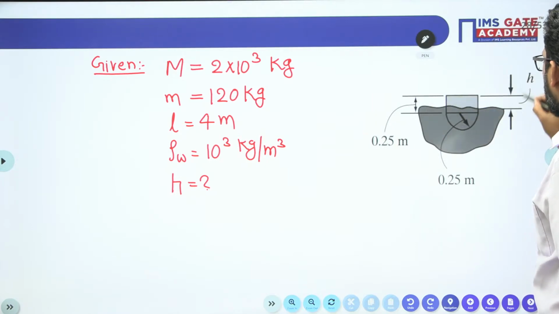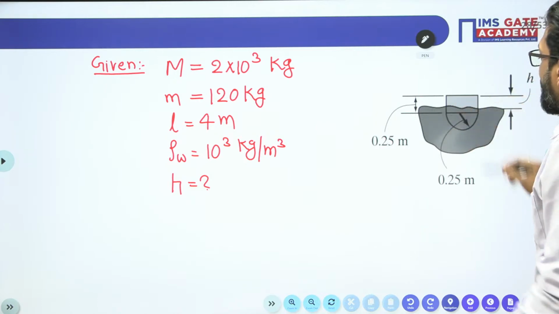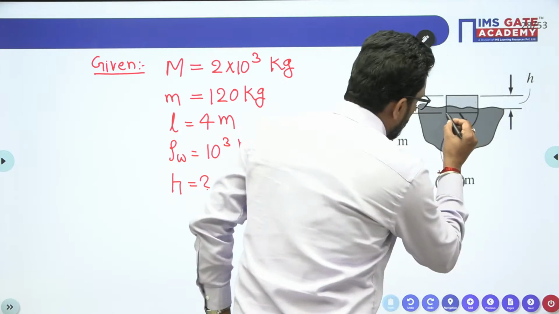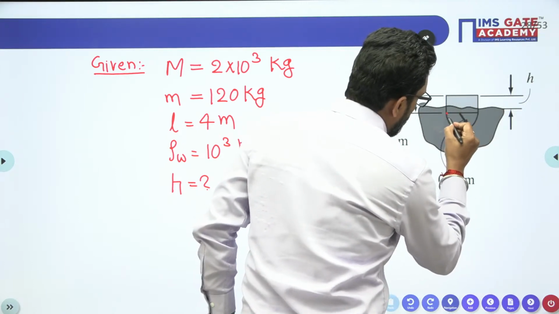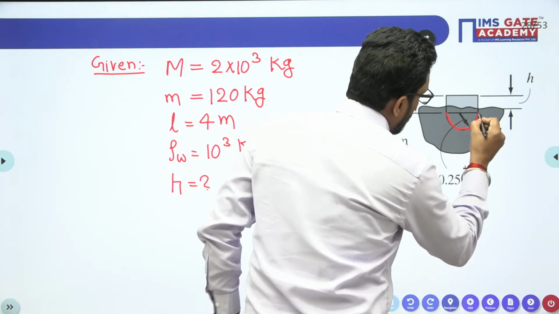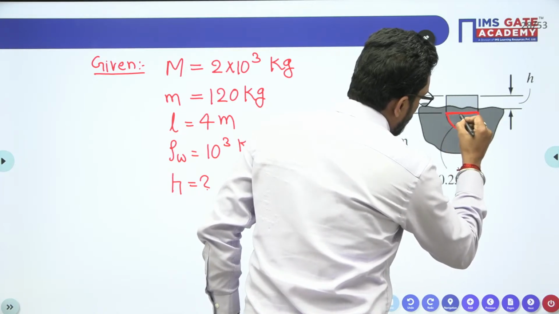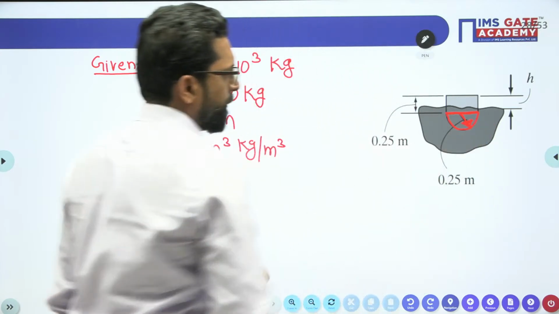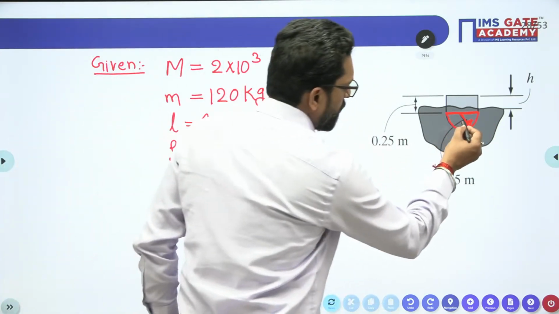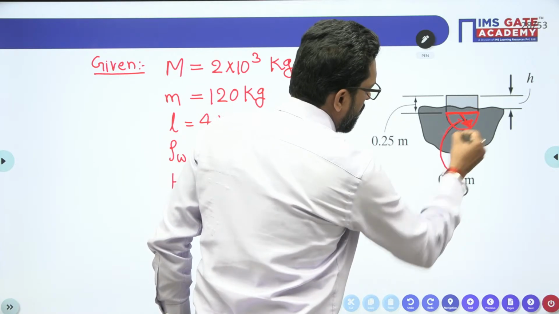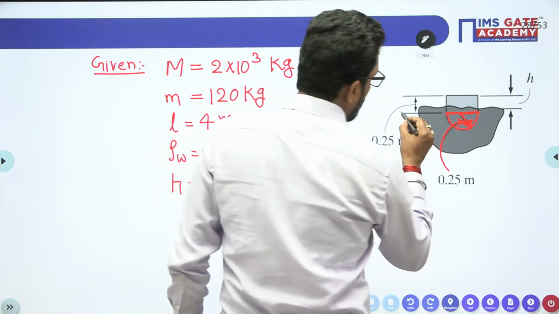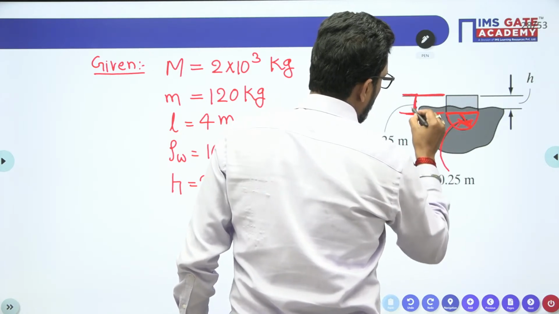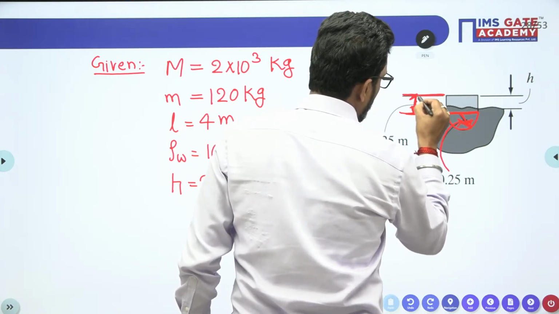And suppose we assume that it is fully immersed. This is the circular portion, yes or not? And this is the height of the rectangle.